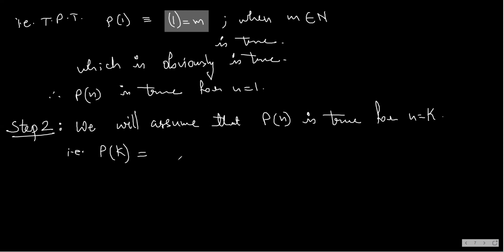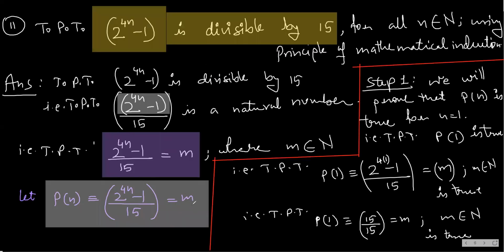which is equal to 2 raised to 4k minus 1 upon 15 equals a natural number. See, in P of n, what we have is m, and m stands for a natural number. Now, when I say P of k is true, what I mean is 2 raised to 4k minus 1 upon 15 would also give me a natural number.